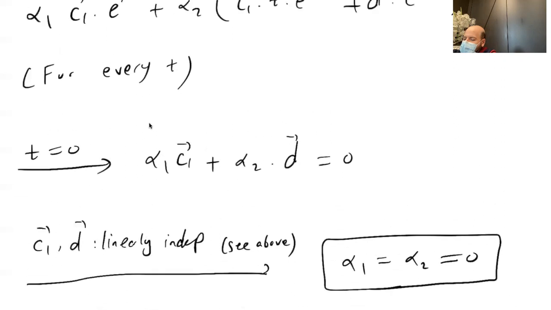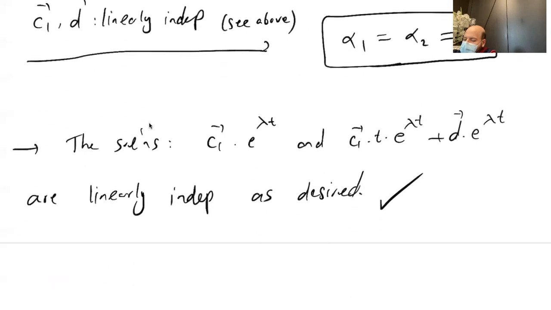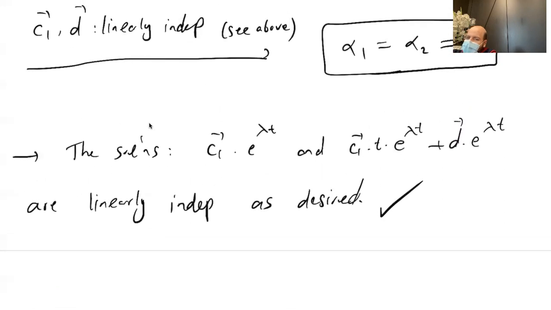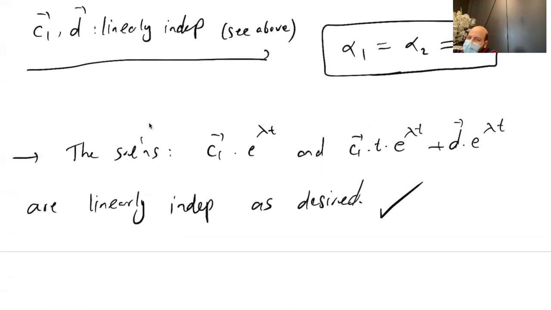Now this vector D that appeared in the second solution is called a generalized eigenvector for our matrix. So let me mention this as a remark.